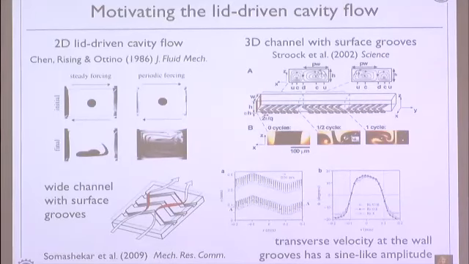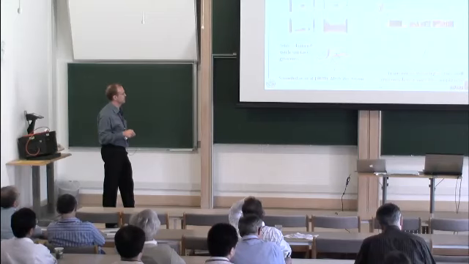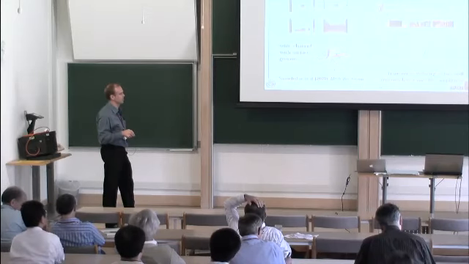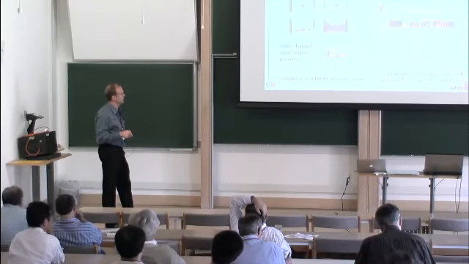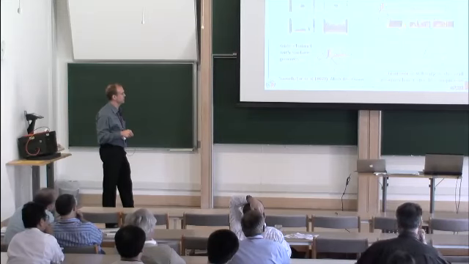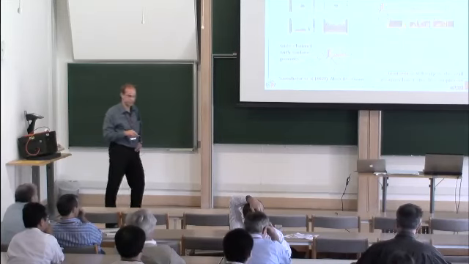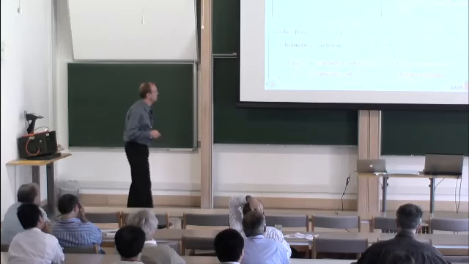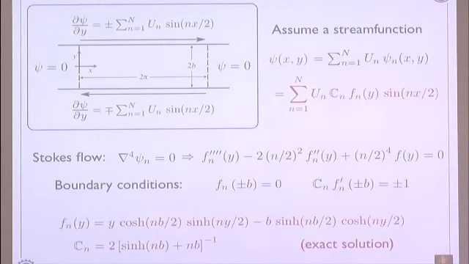So if you do actually an experiment with something that looks periodic in the horizontal direction, you put these surface grooves on, just a large number of them across a very wide channel, you find that the velocity distribution at the surface along the groove looks a lot like a sine wave. So there's some physical motivation here for assuming that we have some combination of sine waves giving us our velocity distribution on the top and bottom wall.